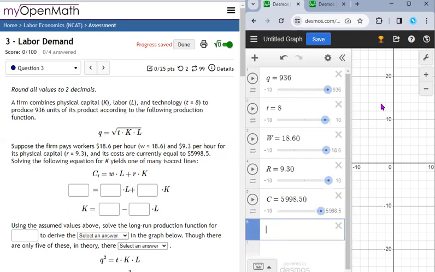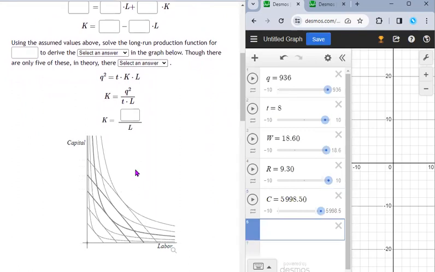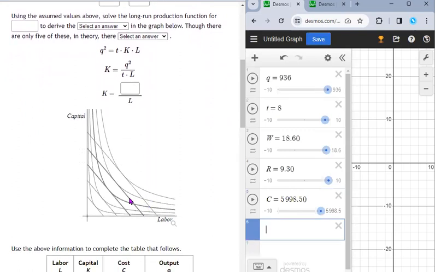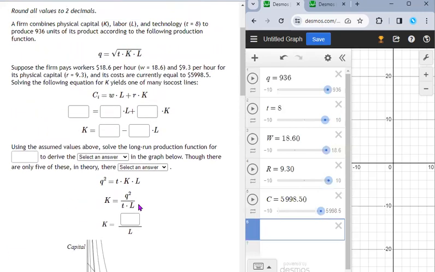Solving the following equation for K yields one of many isocost lines. And in the graph below, we have 1, 2, 3, 4, 5 isocost lines graphed, right? We're going to come up with an equation for one of them, right?